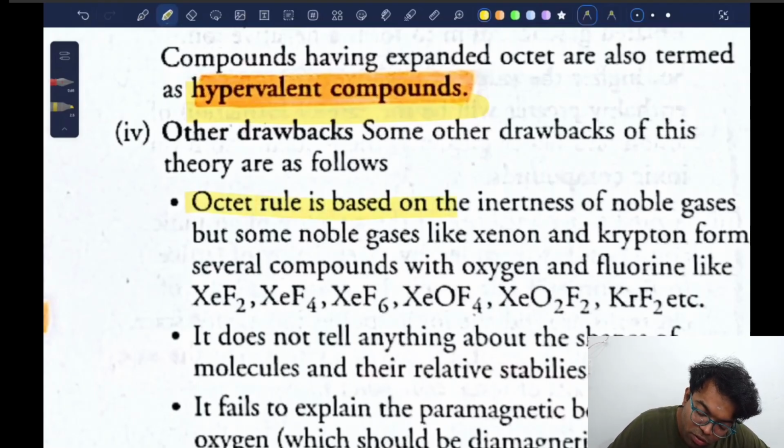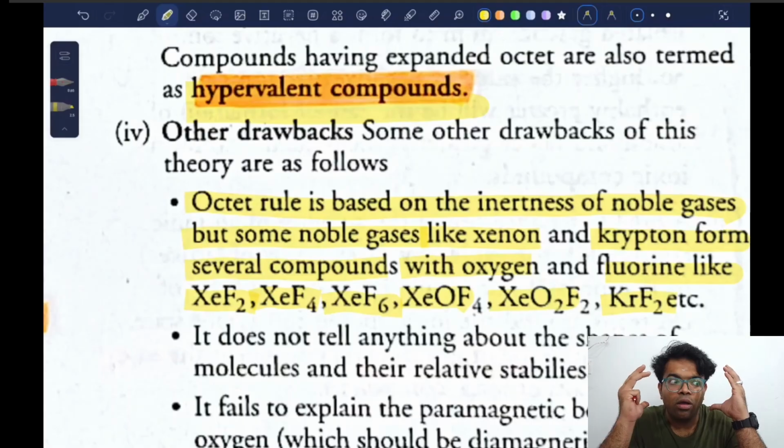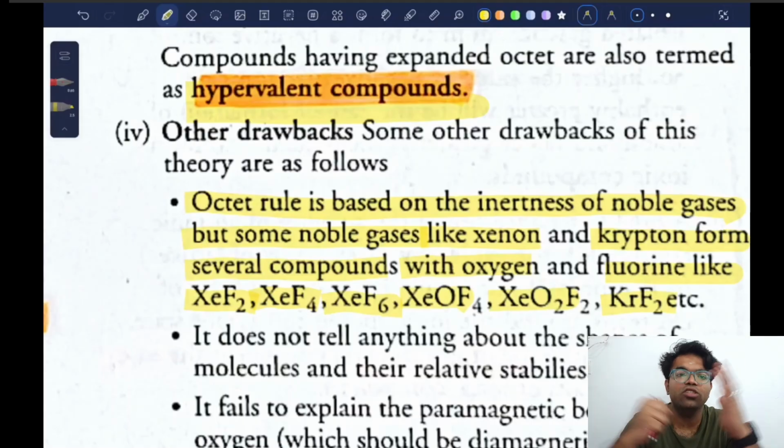The octet rule is based on the inertness of noble gases, but some noble gases like xenon and krypton form several compounds with oxygen and fluorine, like XeF2, XeF4, XeF6, XeOF4, XeO2F2, and KrF2. Now, this is something strange altogether. Why? Because what was the octet rule saying with the utmost confidence?